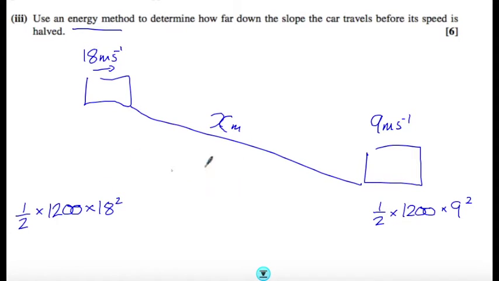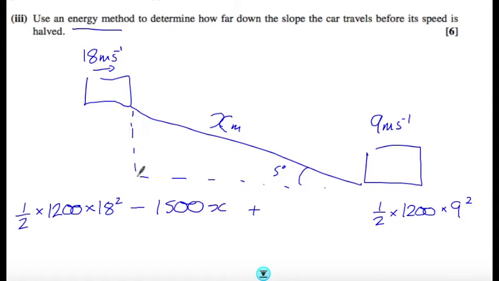So to get from here to here, let's think what happened on its journey. It had to do some work against friction, so it lost force times distance. The force was 1,500 and the distance was x. But it will have gained some energy because it's gone down this slope, so it would have gained some potential energy.